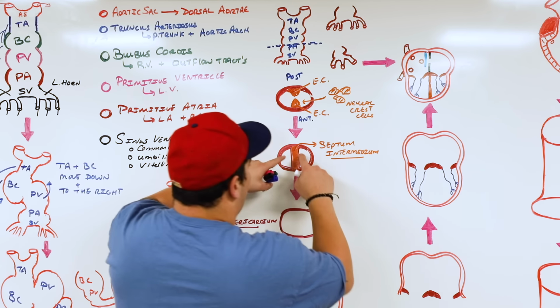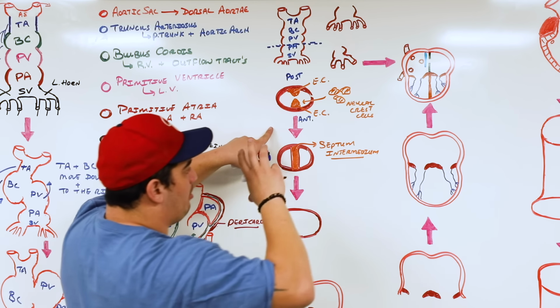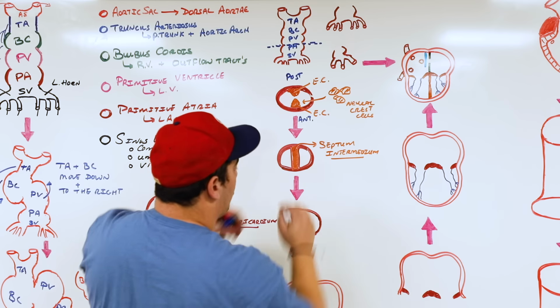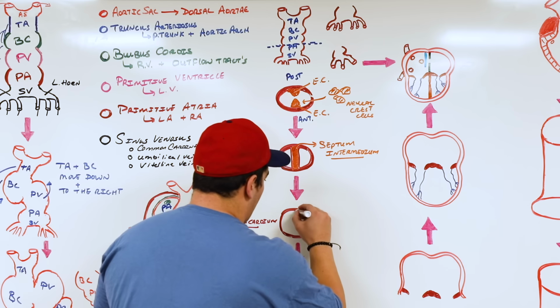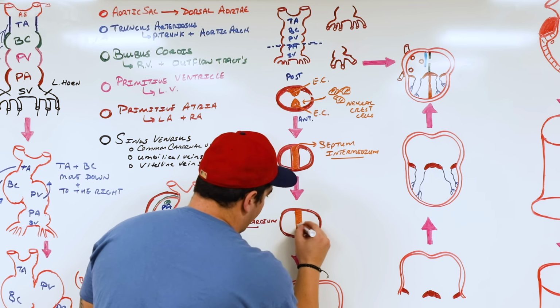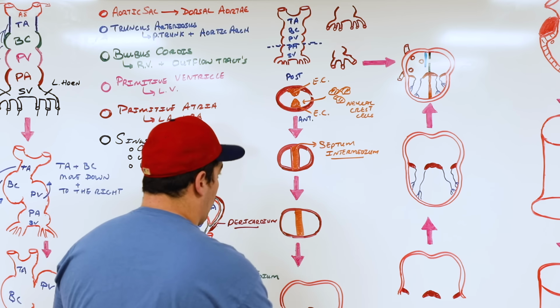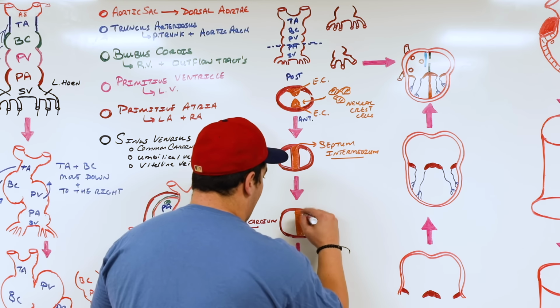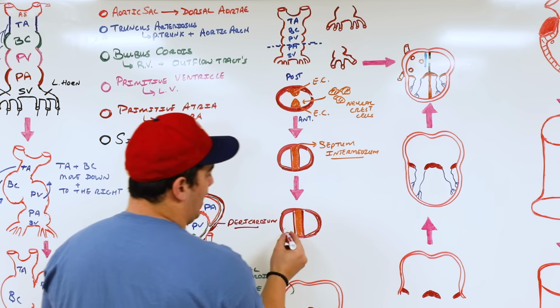When they fuse, they now beautifully separate the primitive atria and the primitive ventricle and form two little canals. What are those little canals? Okay, let's do it again. Here's our septum intermedium, formed by those endocardial cushions coming together. And then here, on one side of the septum intermedium, is going to be an AV canal.